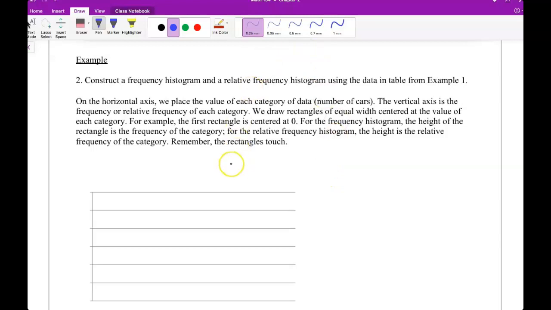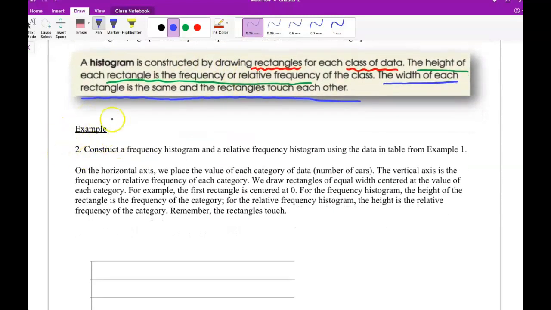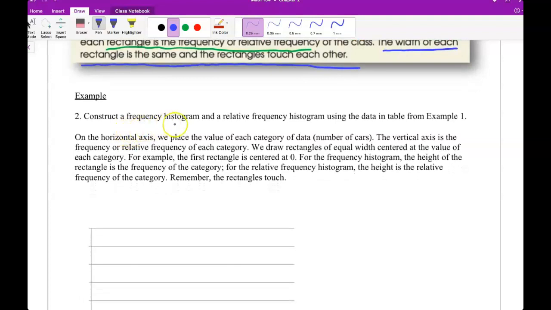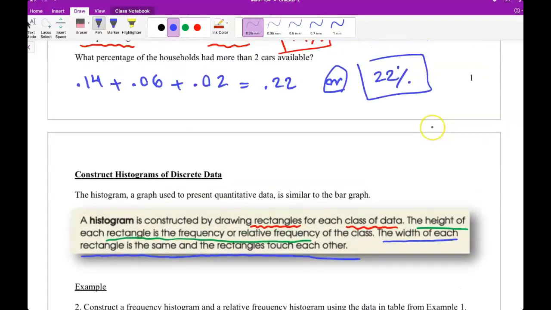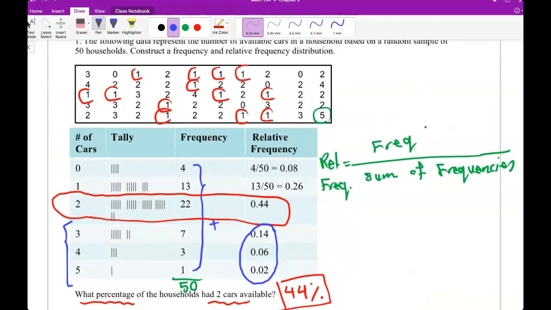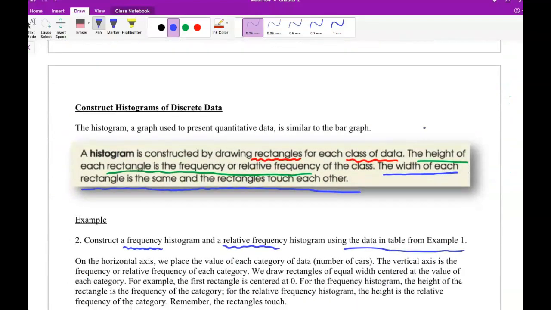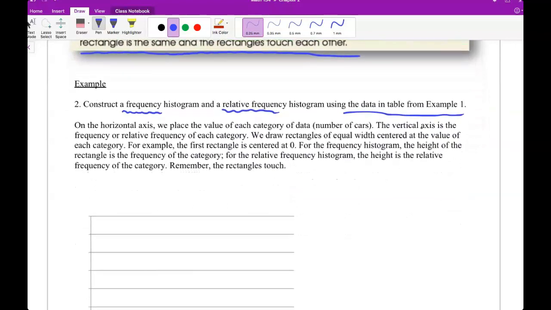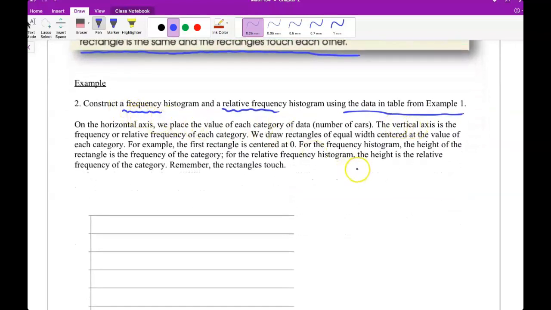So based on what we have on top, let's work on this part. Example number 2: construct the frequency histogram and the relative frequency histogram. We have these two: first frequency, and the other one based on relative frequency. That is based on the data in the table from example number 1. So based on these data, we're going to construct a histogram based on frequency and relative frequency.